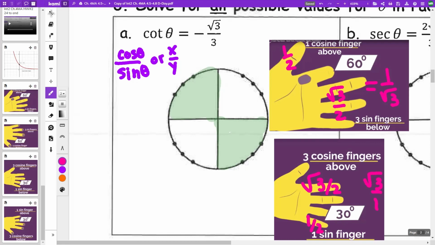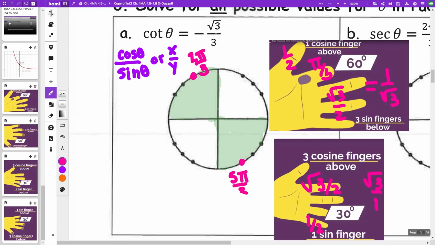I want the first one. That is 60 degrees, but 60 degrees is pi thirds. So I'm going to be here at 2 pi thirds, and I'm going to be here at 5 pi thirds.